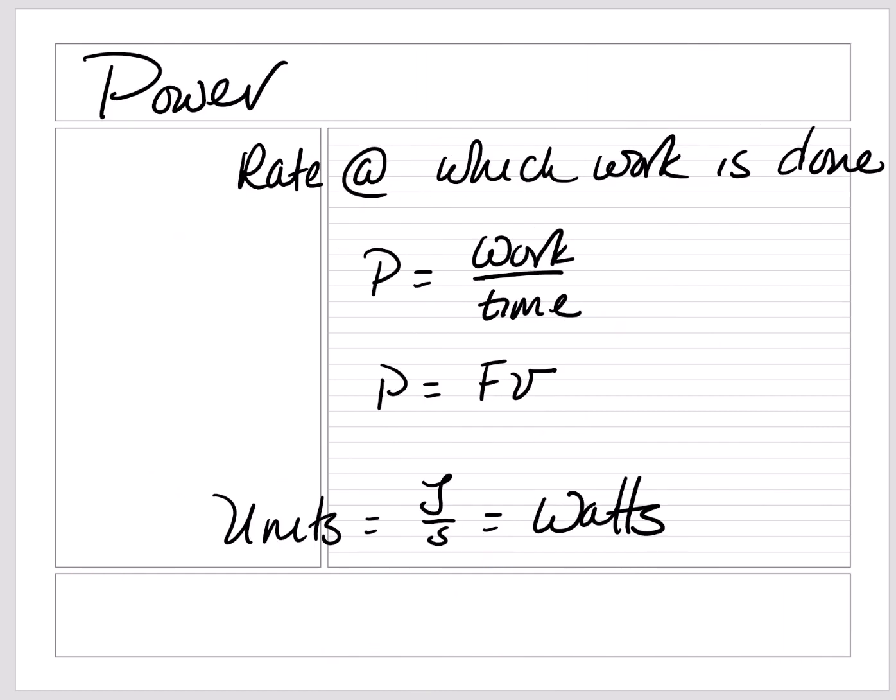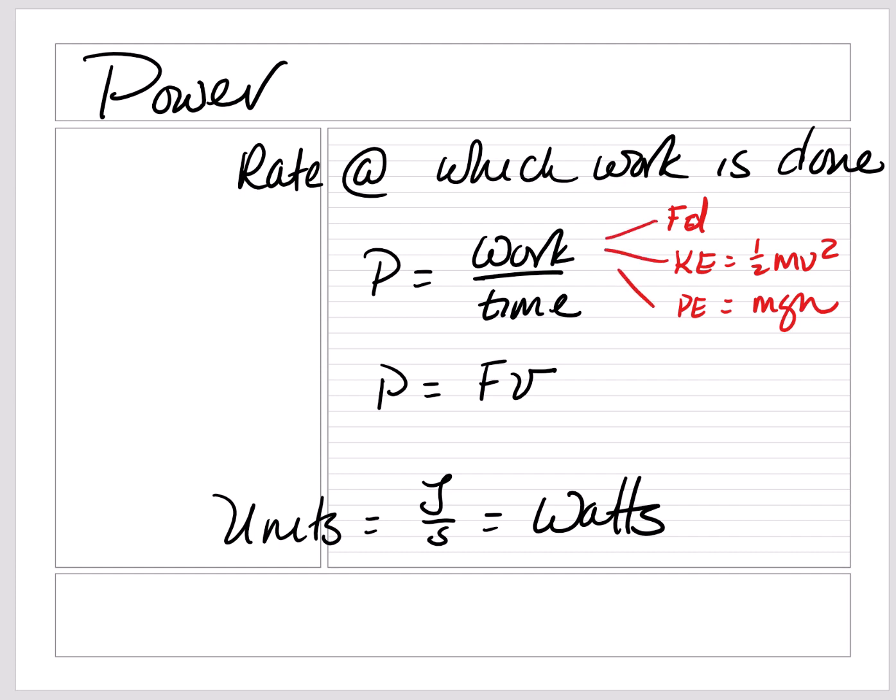Power is the rate at which work is done. Power can be written as equal to work over time, in which work could be F times d. We know work can also be kinetic energy, so it could be 1/2 mv squared. We also know work can be potential energy, so it could be mgh. So it could be substituted in for any of these.